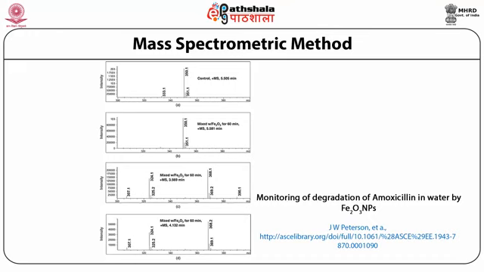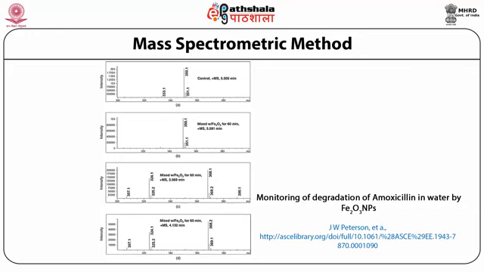In the control sample, we can see that the amoxicillin was detected as a parent ion, whereas the lower 3 chromatograms are extracted from the sample chromatogram, in which B1 is the same as for the amoxicillin, whereas B2 and the lower B2 are for the impurities or the degradation products which are formed by the nanoparticles from amoxicillin.